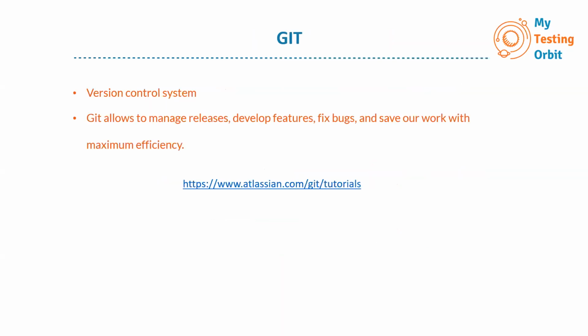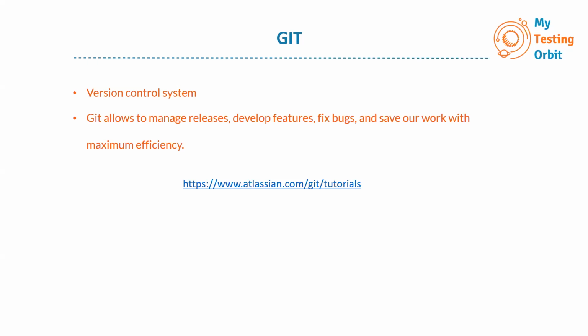I don't know how many of you are already aware of this concept, Git, which is mostly used when implementing the concept of continuous integration and continuous deployment. And mostly it's used for agile projects. It is a kind of version control system.